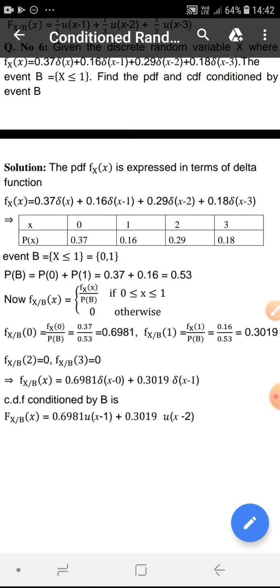So the conditioned CDF, capital letter F suffix x slash b of x, will be equal to 0.6981 into u of x minus 0 plus 0.3019 into u of x minus 1.